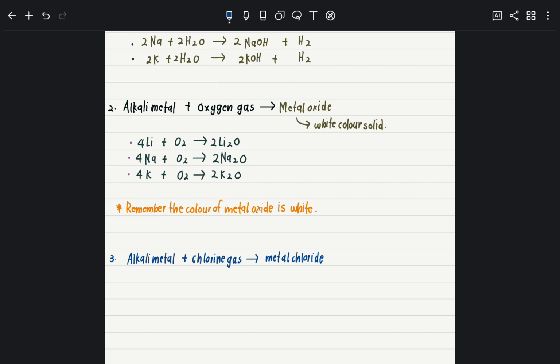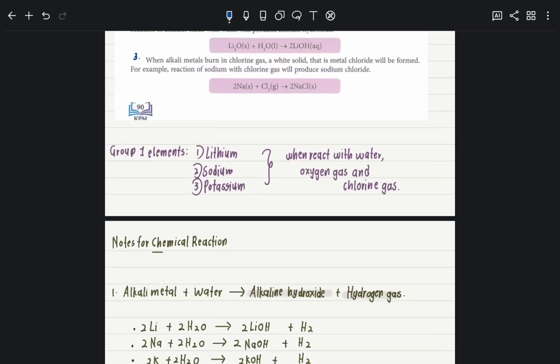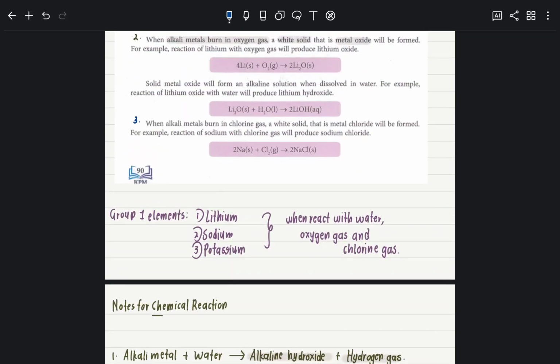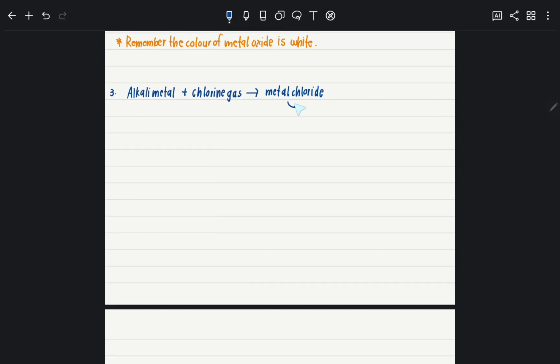That is the only difference, no other difference. Understand? But this metal chloride is still a white solid. No matter what your alkali metal reacts with, it will form a white solid. That is all you need to remember.